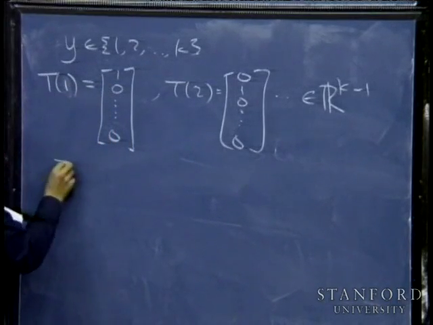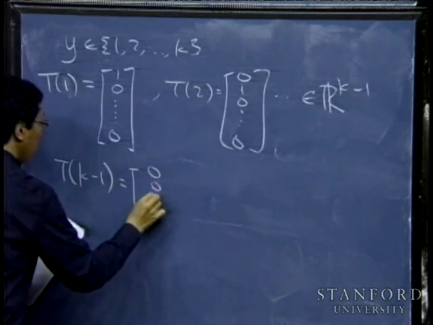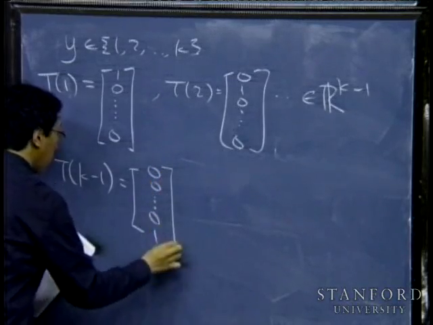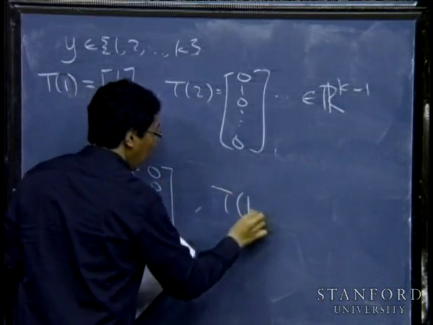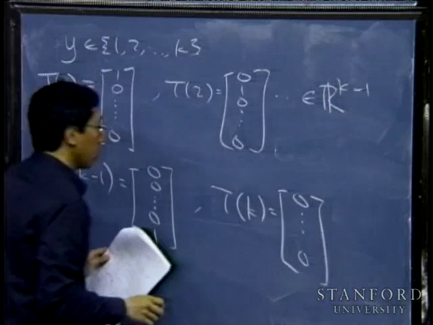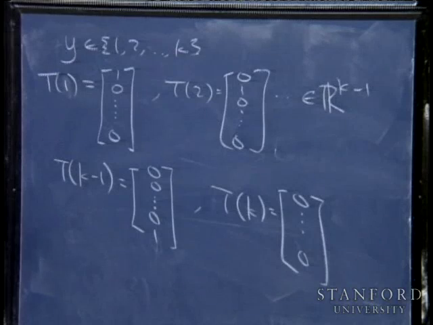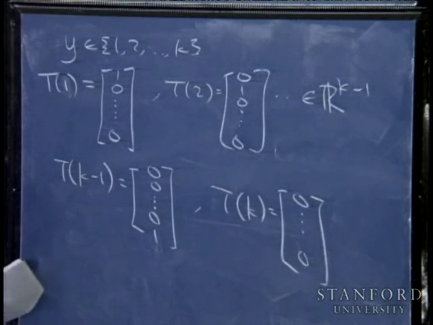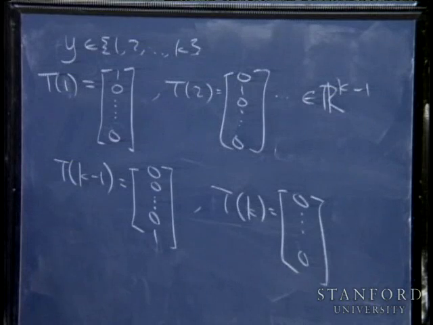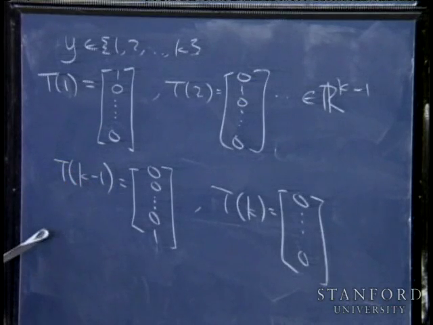And so t of k minus 1 is going to be 0, 0, 0, 1, and t of k is going to be the vector of all zeros. Okay? So this is just how I'm choosing to define t of y to write down the multinomial in the form of an exponential family distribution. Again, these are k minus 1 dimensional vectors.